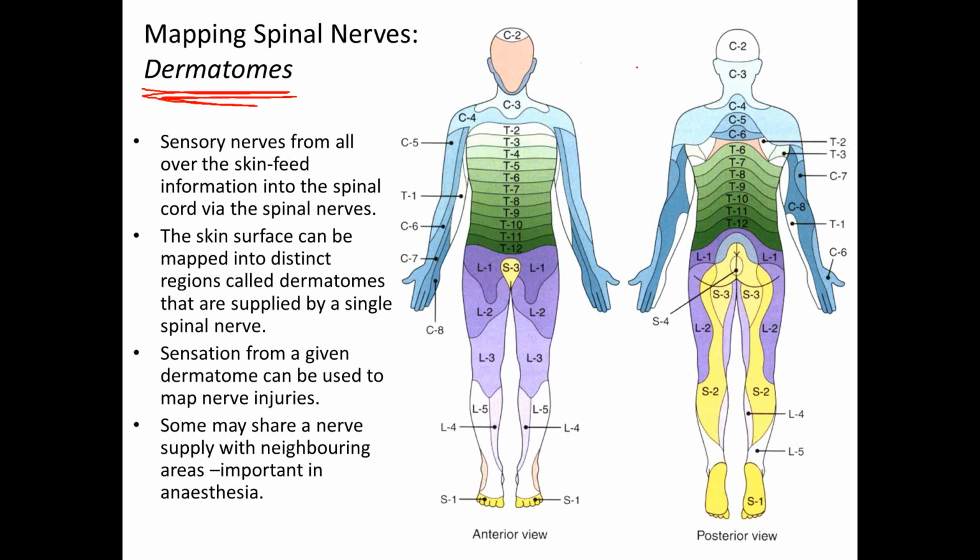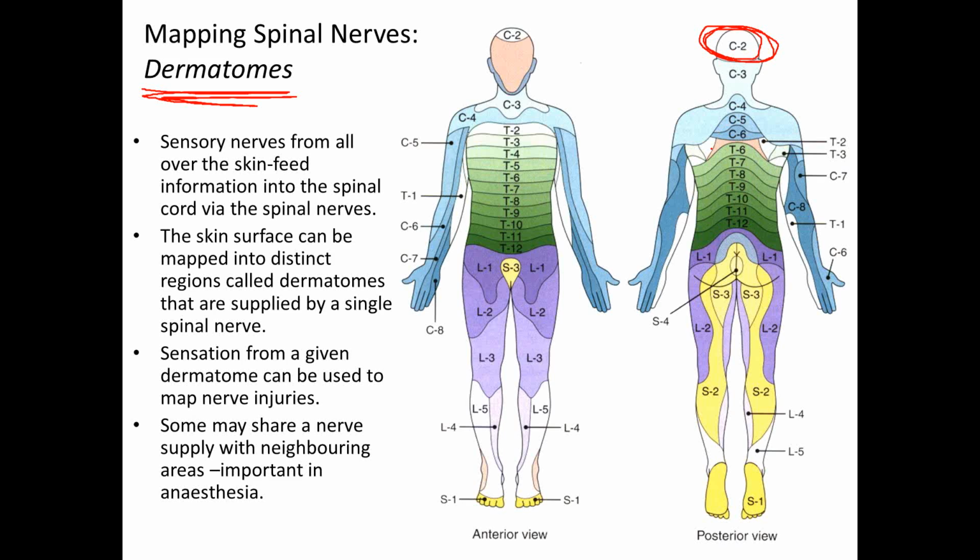So let's look here. So this is the back of somebody's head. So the sensory information, if you scratch the back of your head now, that sensory information is being passed in via the C2 spinal nerve.